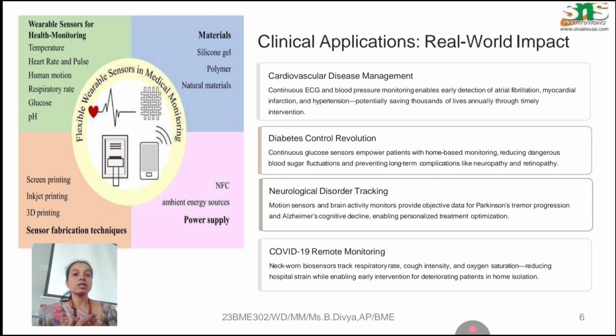Okay, first is cardiovascular disease management. How does cardiovascular disease management take place?